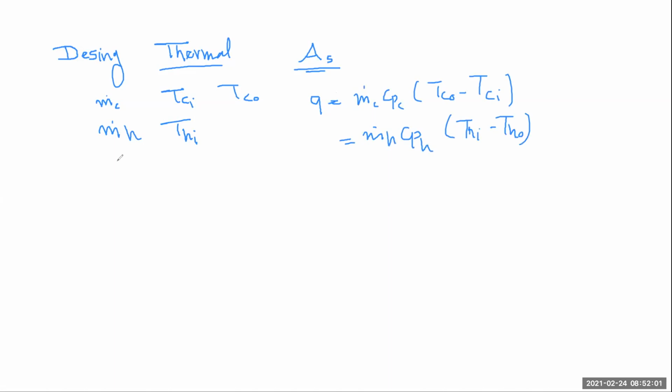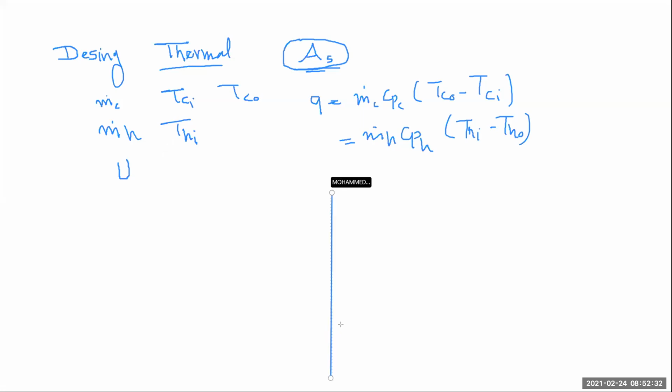We know the overall heat transfer coefficient, or you can get it. If you know the flow rates, then you can calculate the Reynolds number, you can get the Nusselt number, you can get the value of h, and then you can calculate the overall heat transfer coefficient. Maybe you may consider the fouling factor as well. And what we are looking for here is the surface area. To do that, there are a couple of methods that are used in the literature for heat exchanger design.